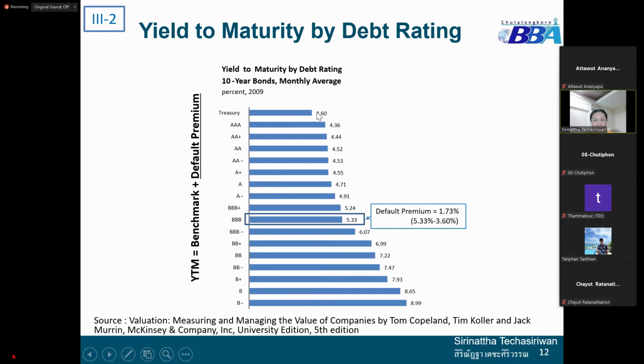You can also estimate the credit spread between different ratings with the same time to maturity. Until this slide, any questions?